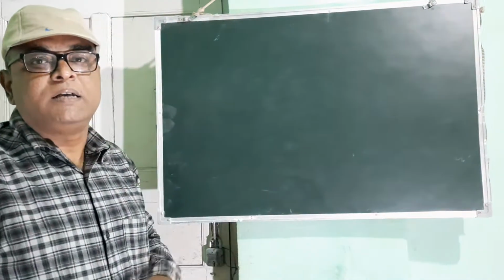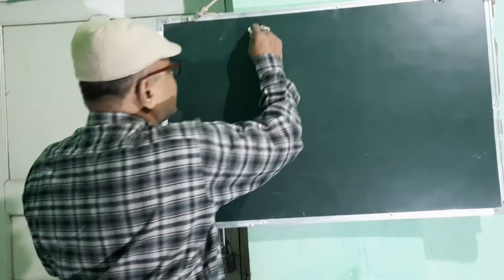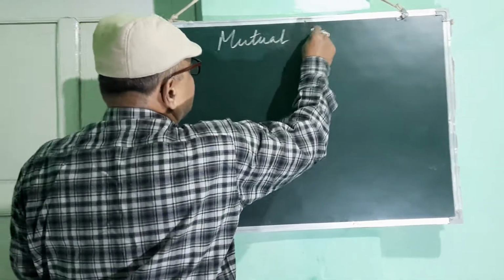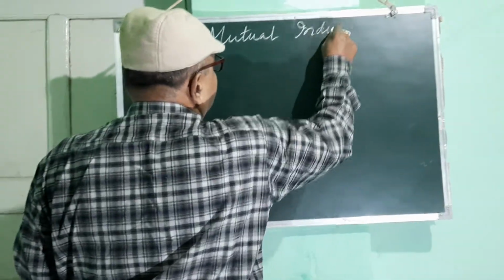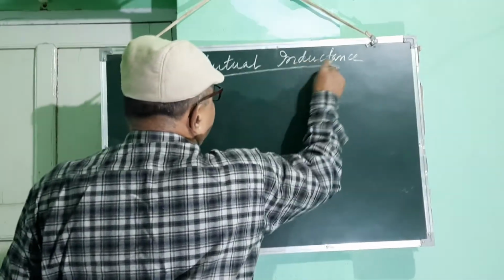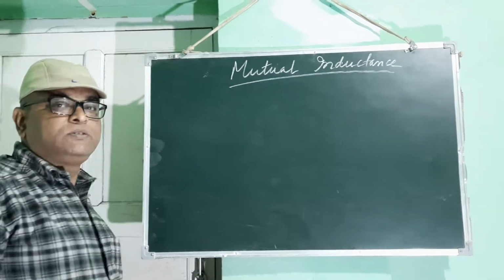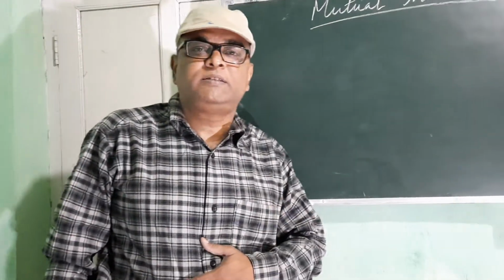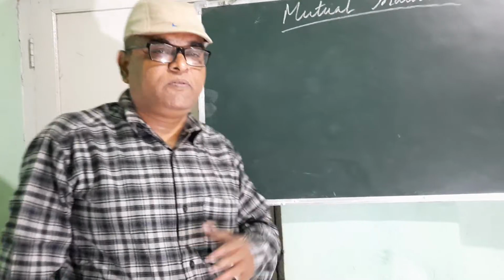Now we will discuss mutual inductance. Mutual means there are two coils present. First we will see the figure.